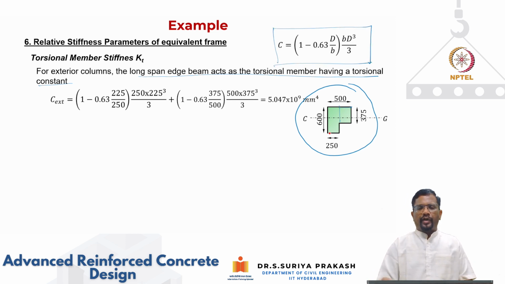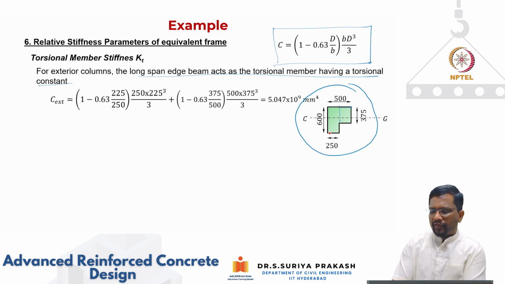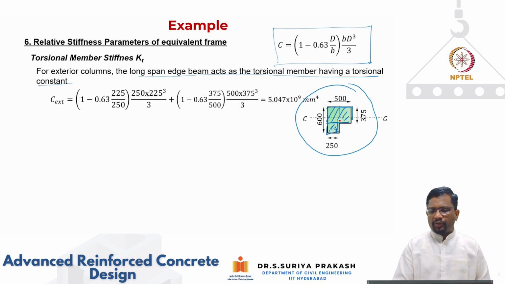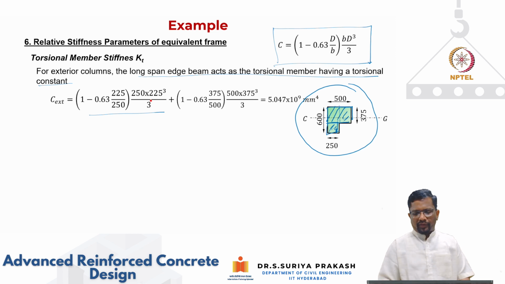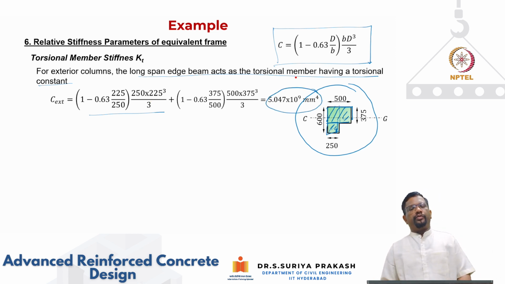Okay, I divide this L section into two rectangles. Okay, now if you see here, we have already discussed. I need to divide this like this: this as one rectangle and this as another rectangle. Okay, then if you substitute that, we see 250 by 225 cube by 3 times 1 minus 0.63 times 225 by 250, multiplied by 2, and when you substitute these values, you get your C factor as 5.047 into 10 to the power 9 millimeter to the power 4.